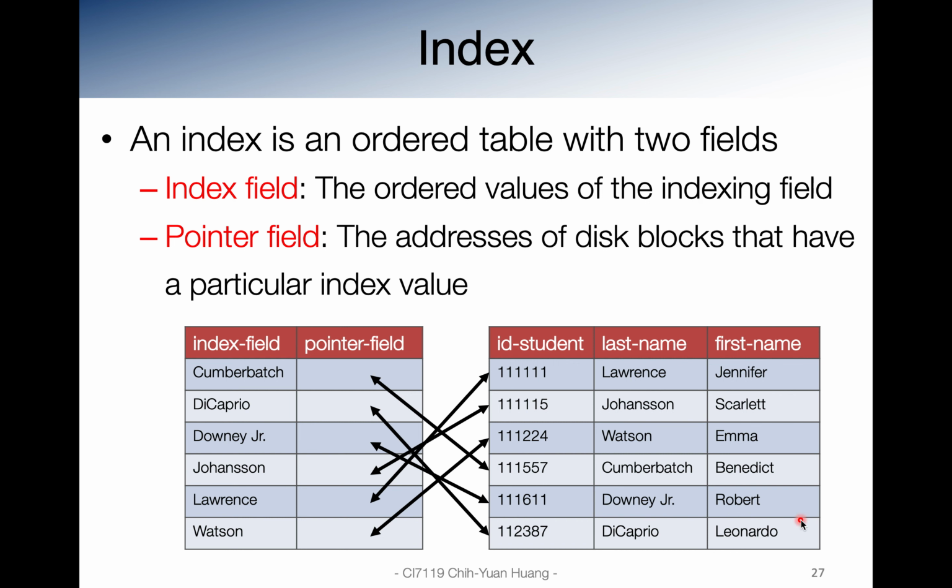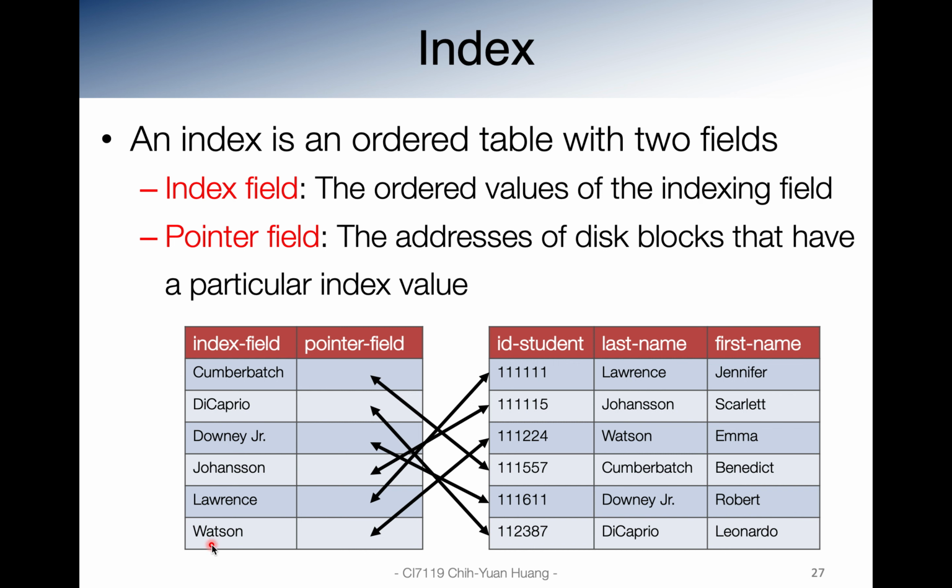So when people search according to the last name or first name or both, you can benefit from the indexes, because with the indexes you can perform a binary search on the index field. As you can see, the index field has been ordered, so we can perform the binary search on it.